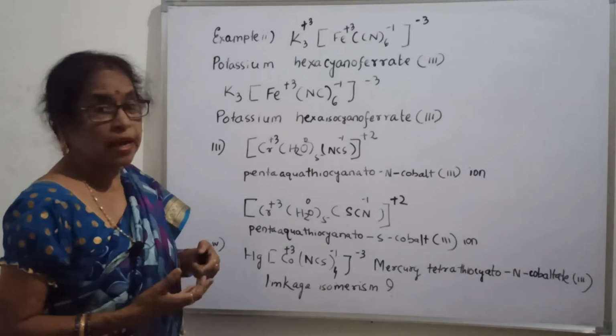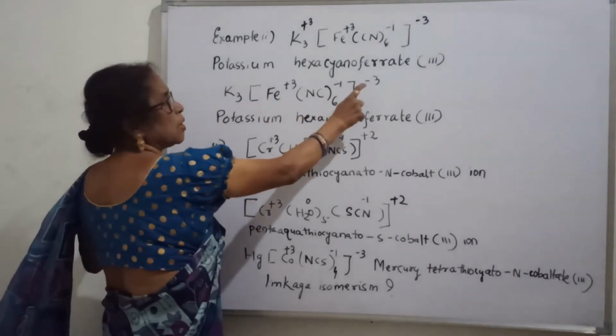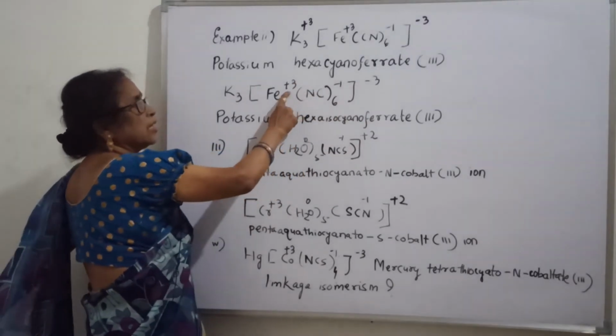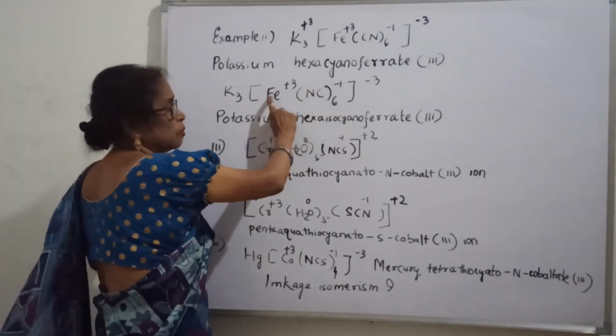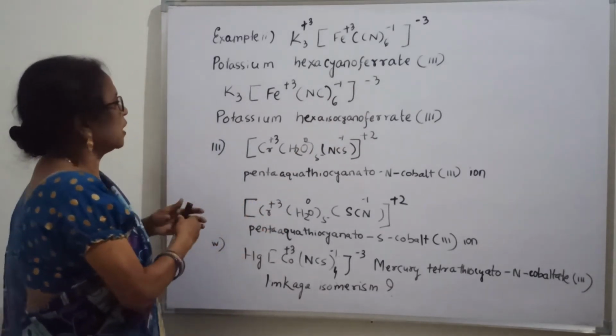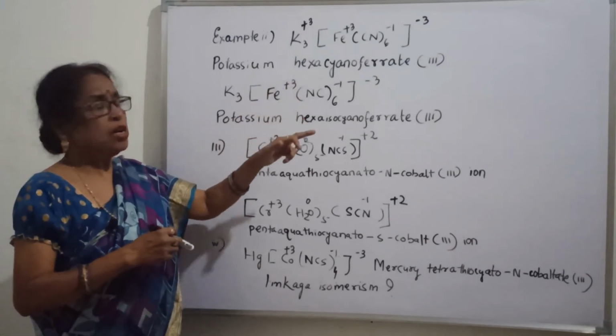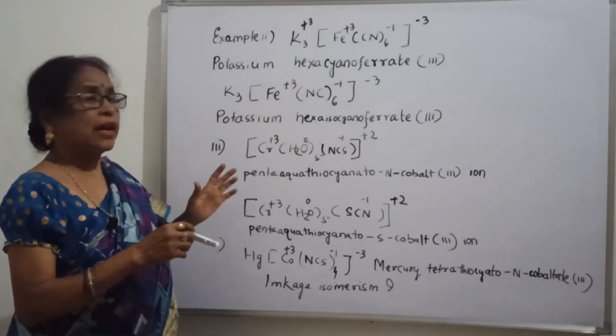Like this the question may come. Here also -1 times 6 is -6, it is +3, so -3. That is why it is +3, because the sum of the oxidation numbers should equal this value. This is cyano, this is isocyanoferrate(III).